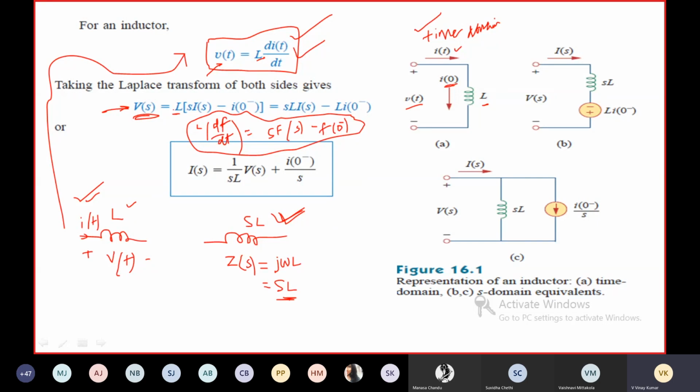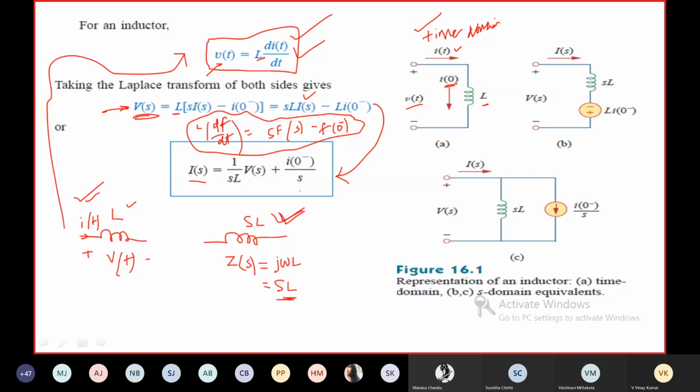From this equation, you can find I(s). Then I(s) is equal to 1/(sL) times V(s) plus i(0-)/s.